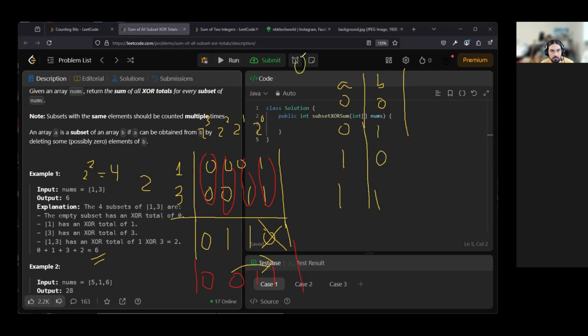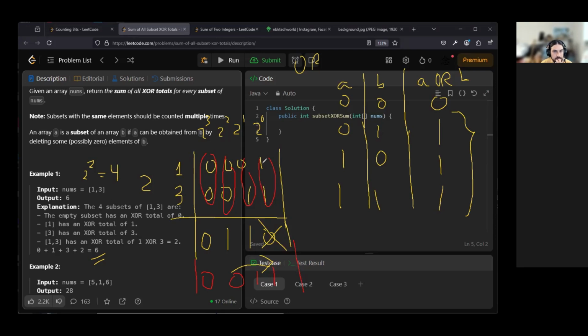This is the truth table for OR. If you do A or B, it's 0, 1, 1, 1. So you need at least one of them to be 1 to get a true value, or 1 value. Okay, if you understand OR.